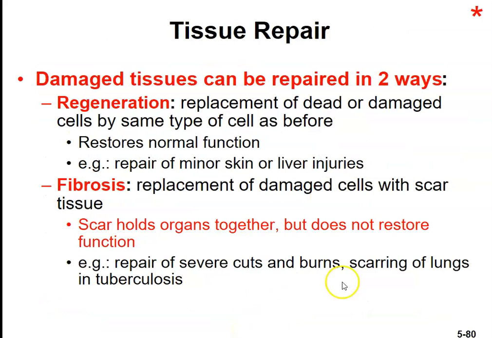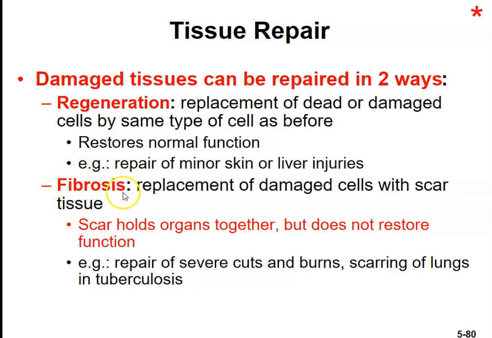Tissue can be repaired. Sometimes we have damaged tissue, so tissue can be repaired. There are two types of repair for tissue. One is regeneration, which replaces the damaged tissue with the same type of cell as before through mitosis. The other type of repair replaces the damaged tissue with scar tissue.